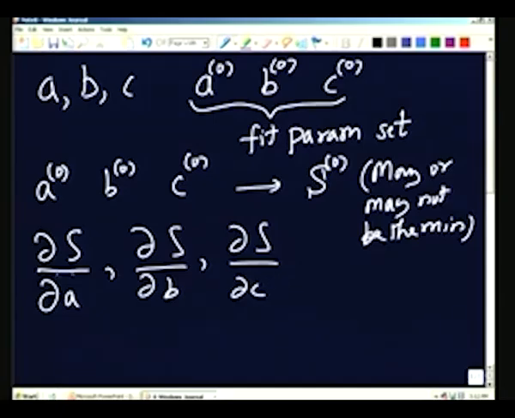So, we have to evaluate the partial derivative with respect to A, B and C at these assumed values.